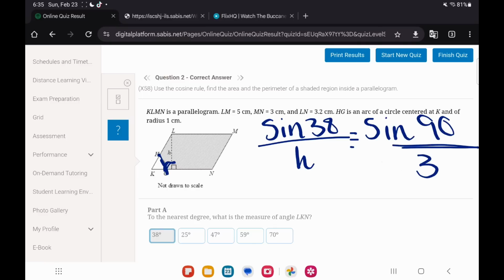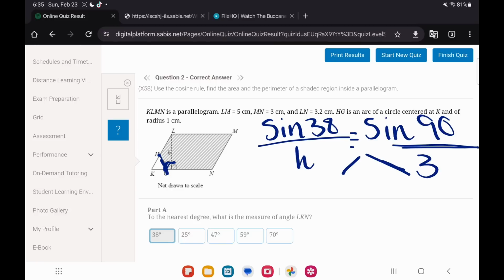Okay, cross multiply: 3 sine 38 over sine 90, and you get a very big decimal. You shouldn't simplify decimals in the middle of an equation. Okay, so just keep it on your calculator.